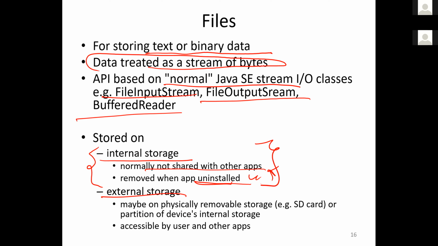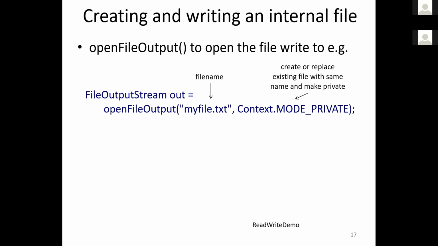That's where we demonstrated how you can use internal storage. This was the example, creating and writing an internal file. You use open file output to open the file to write.